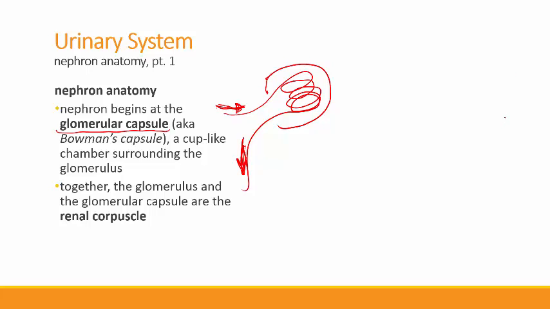And so this is a cup-like chamber that surrounds the glomerulus, and we're going to see in a minute that there are a couple of layers. There is a visceral layer and a parietal layer to the glomerular capsule. And together, between the glomerulus and the capsule itself, we have what is referred to as the renal corpuscle.